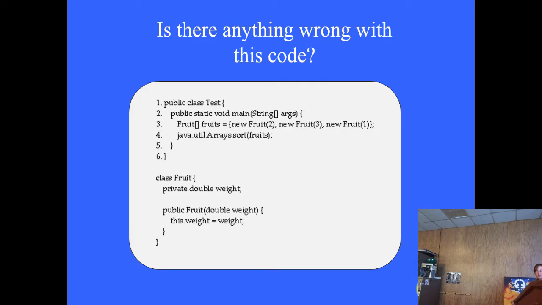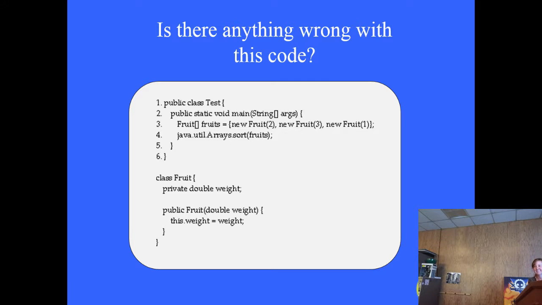It won't be able to sort it. And why won't it be able to sort it? How's it going to know how to sort it? How does it know how to compare things? Yeah, there's no method that says equals or compare in here, so it doesn't know how to sort things. And so when you tell it to sort it, it's going to say, well, I don't know how to sort fruit.